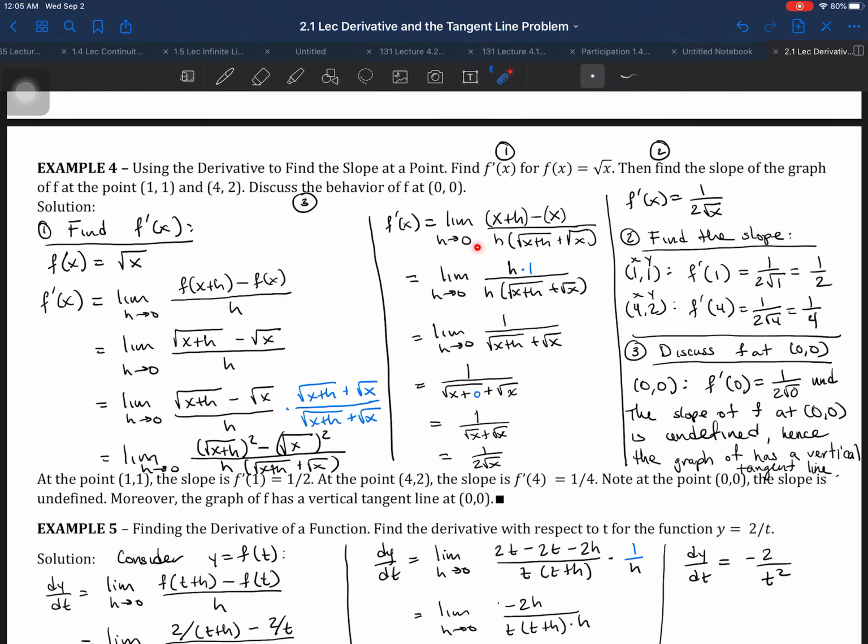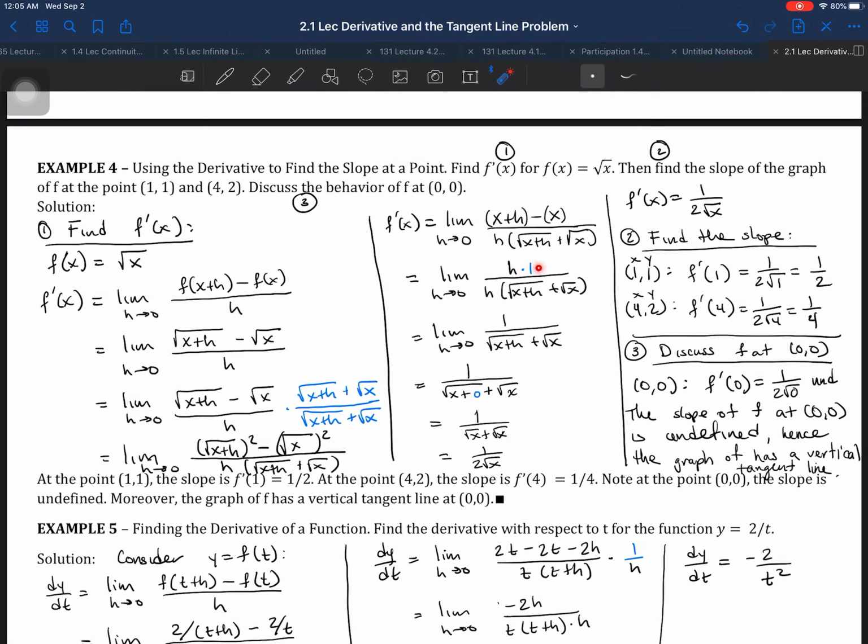Then we can move up here, and the square root and the square will cancel, so you're left with x plus h minus x. Don't forget the parentheses. Do not touch the bottom, just leave it as it is. You'll see in a second what happens. So the x's cancel each other out, x minus x, and you're left with an h times 1.